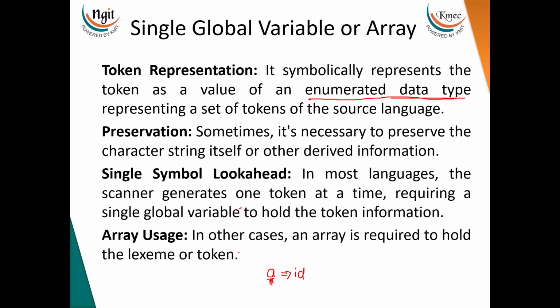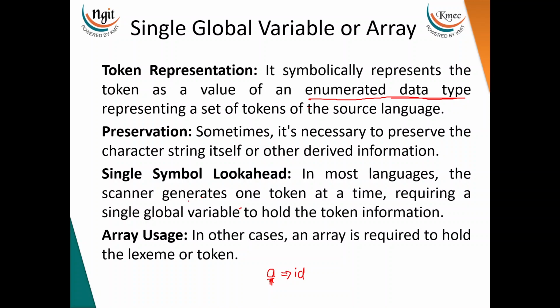The array holds the lexeme token and also stores the information about it. If it is a single global variable, we can store only a single piece of information about the token.